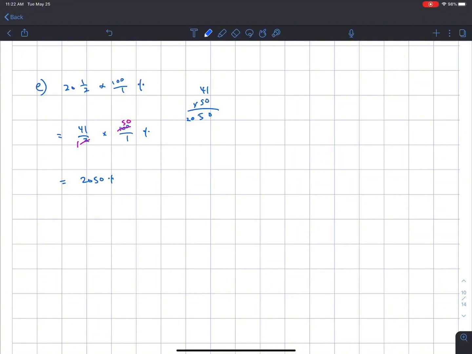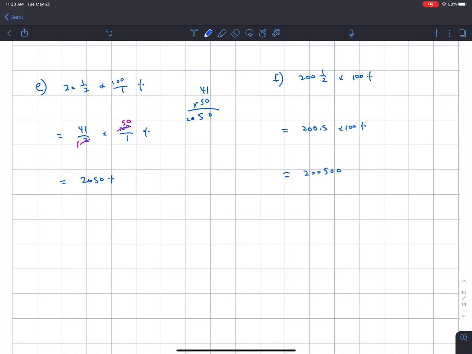F, 200.5 times 100%. You know, it's actually much easier if I just change that into a decimal, because 200.5 is 200.5, right? And then now I can do the same trick. I just move the decimal point 2 to the right.